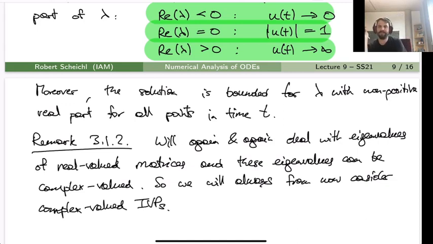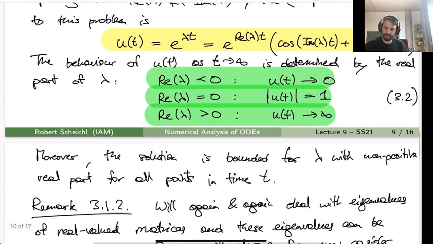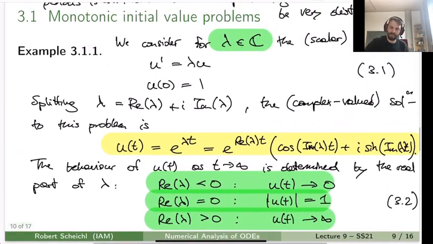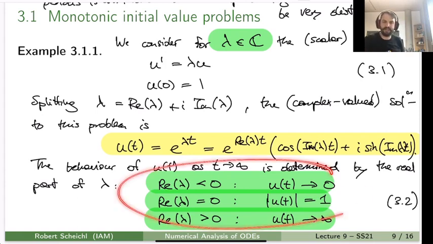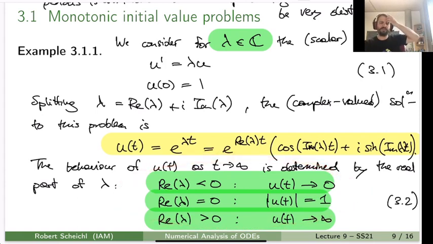In the previous chapter I was mostly keeping it real, but here, essentially the lambda in this model problem plays the role of one of the eigenvalues. If I have a linear ODE system, that would be u primed equals A times u plus b, and it is in fact the eigenvalues of this linear operator, the matrix A, that control in which of these three regimes our more complicated system of ODEs would fall.